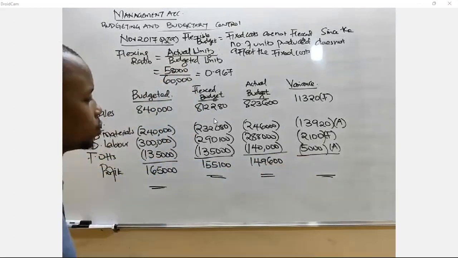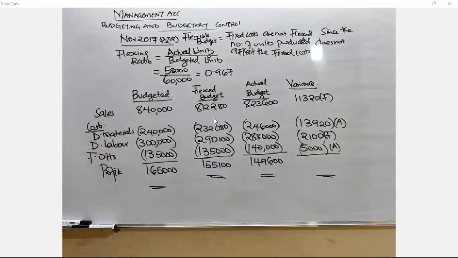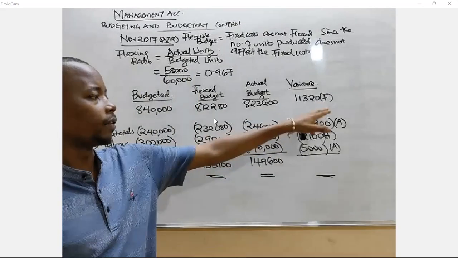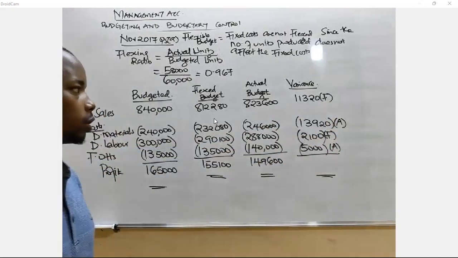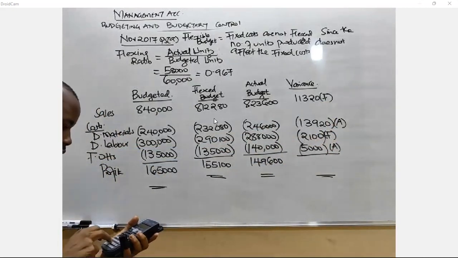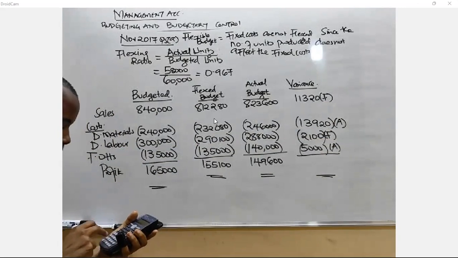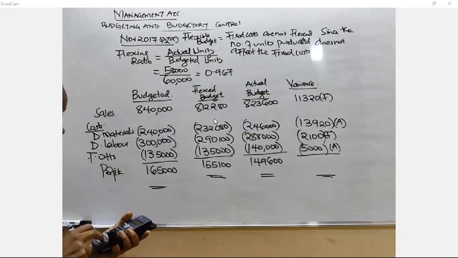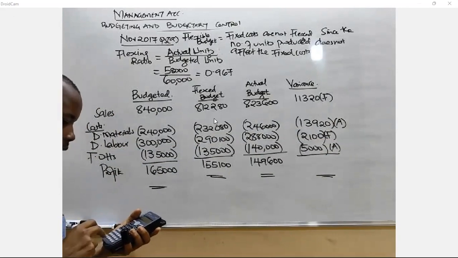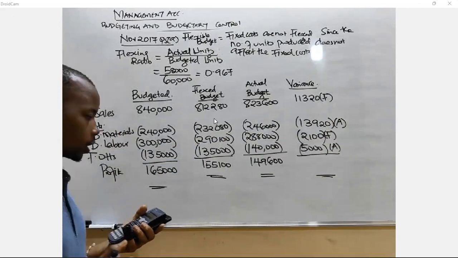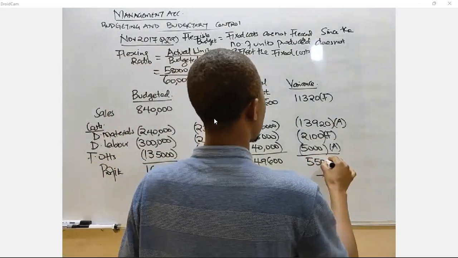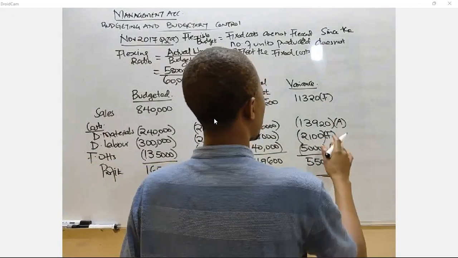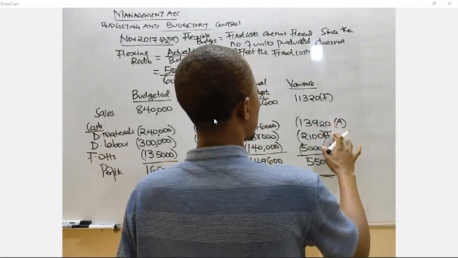When you are putting the favorables here, it means these are positive. So I can take 11,320 minus 13,920 plus 2,100 minus 5,000, getting 5,500, which is adverse.